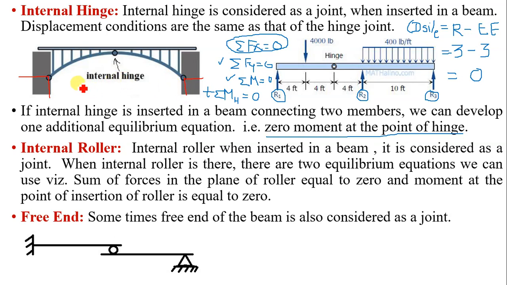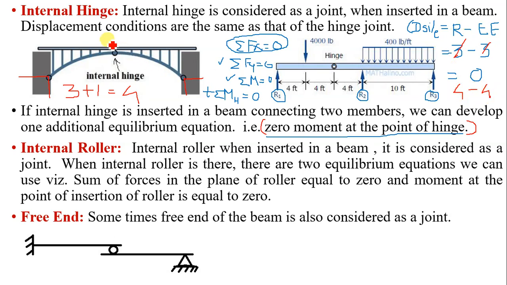We have three equilibrium equations plus one additional equation which we can develop because of the internal hinge: moment at crown is equal to 0. Hence equal to 4. Available equilibrium equations are 4 and the reactions are 4.